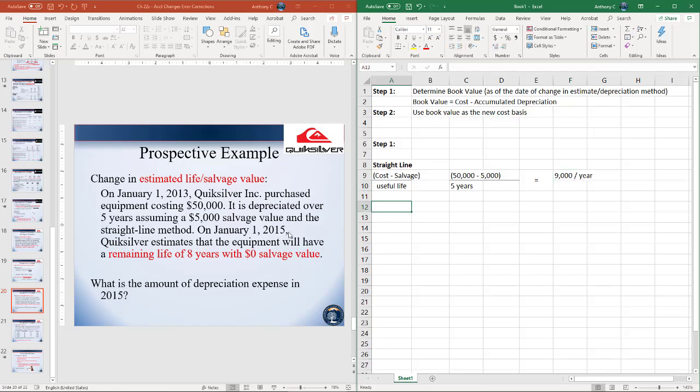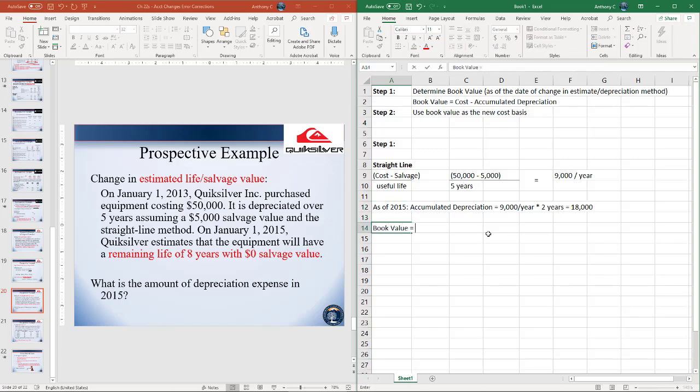Since 2015, we would have 2 years of total depreciation, and we're using straight line, or accumulated depreciation, which would be the $9,000 per year times 2 years, which gets us to $18,000.